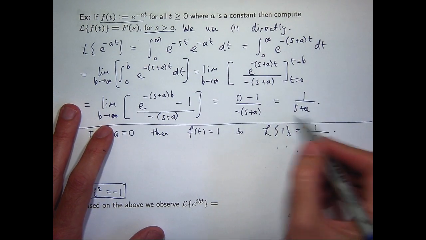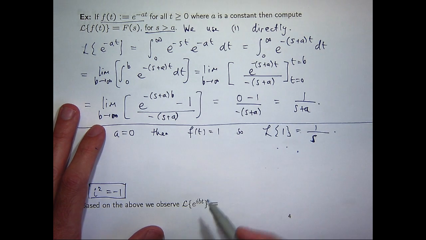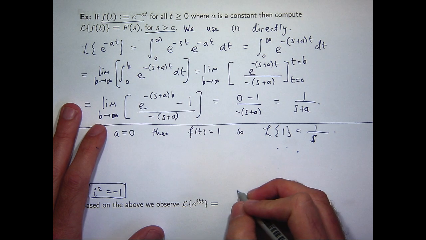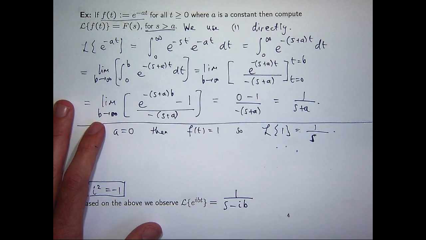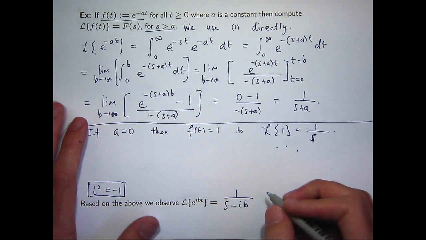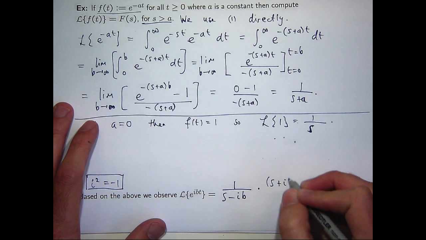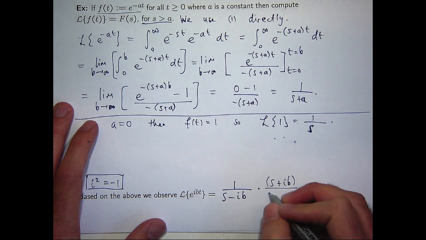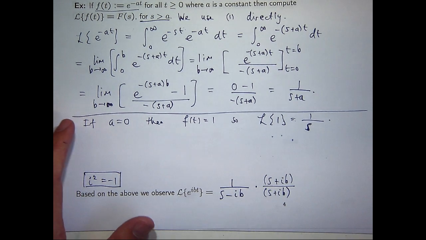So let's go to the transform and replace a with negative ib. So it's going to be something like this. Now that doesn't look too useful, but what we can do is multiply through by the conjugate and see if it simplifies.